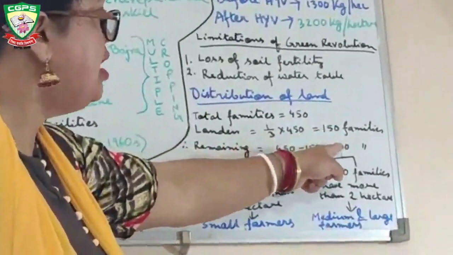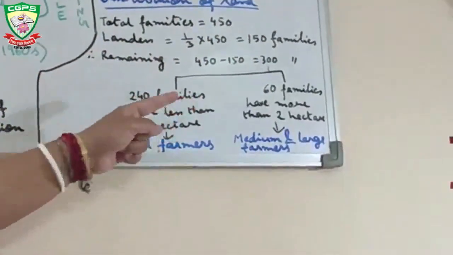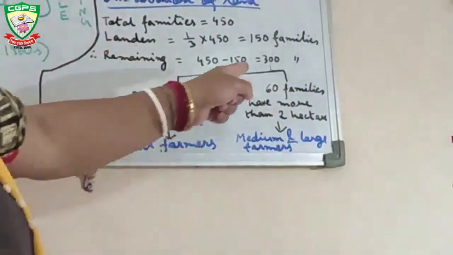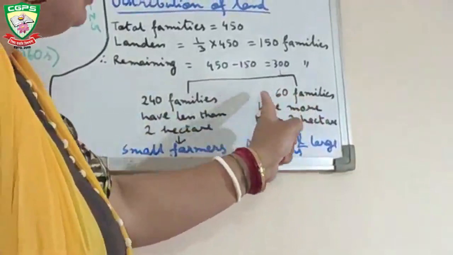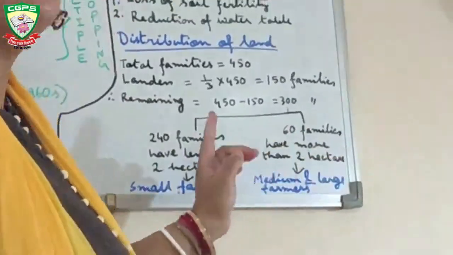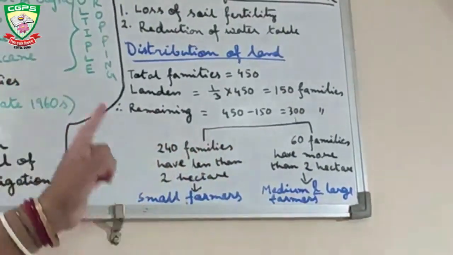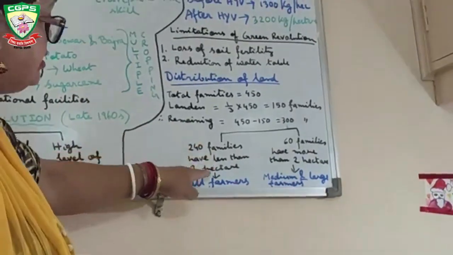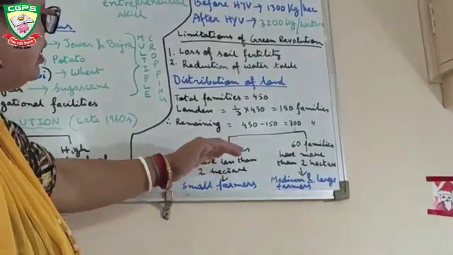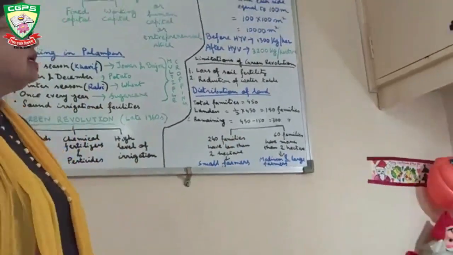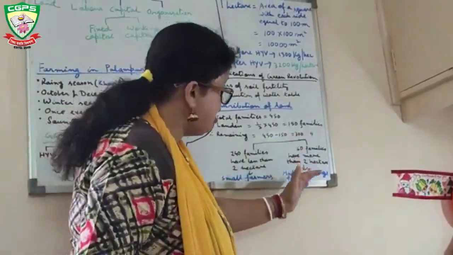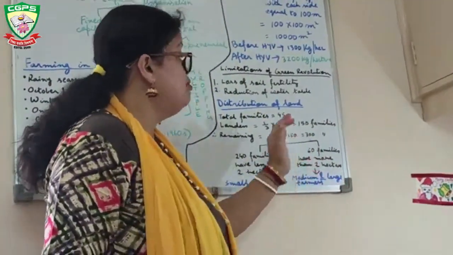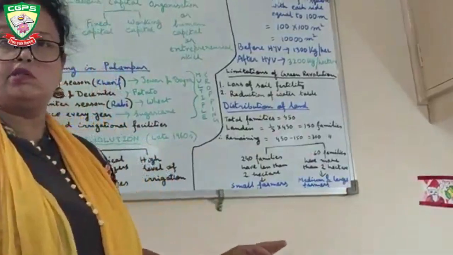And that means the remaining 60 families have land which is more than 2 hectare. The families having land less than 2 hectare are called small farmers, and the families having land more than 2 hectares are called medium and large farmers.